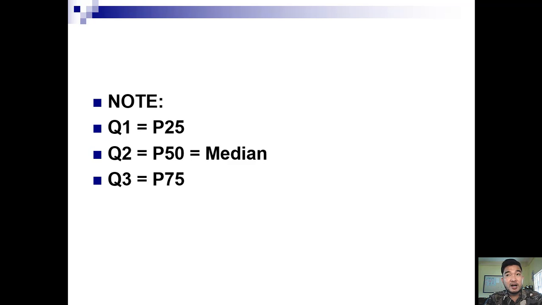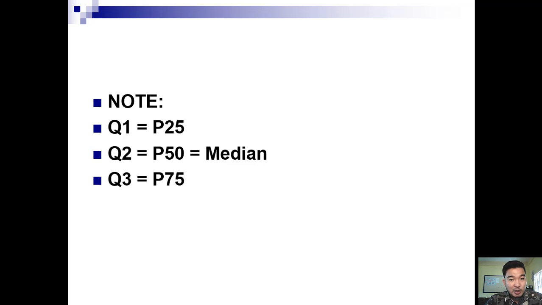Meaning, if you are asked to solve for the first quartile and the 25th percentile of the same set of scores, you don't need to perform two different solutions. You just have to solve either first quartile or 25th percentile so that you'll be able to have the value of what is being asked in the problem.